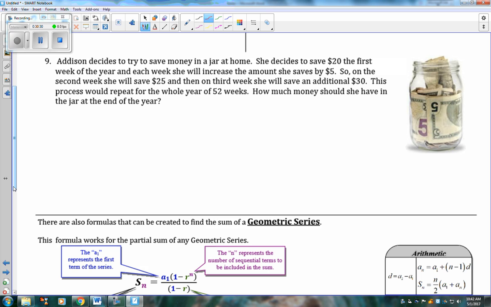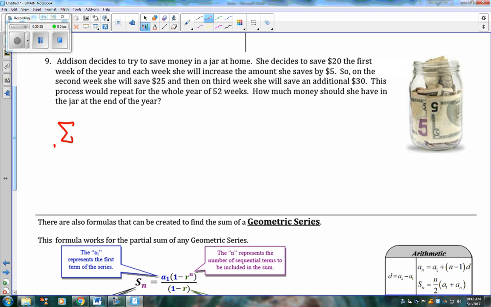A1 is equal to 20. I'm going to put it in sigma notation. Put 5 on top. We don't know what our last term is though.